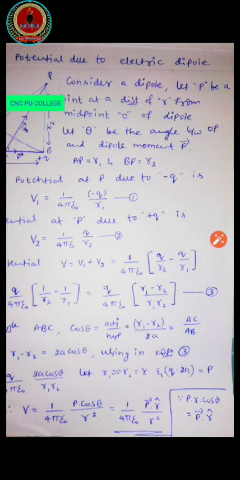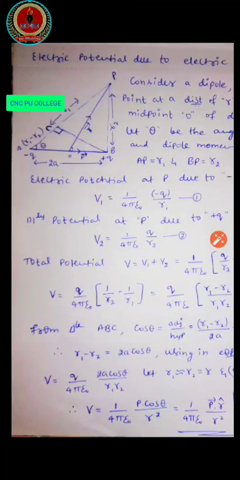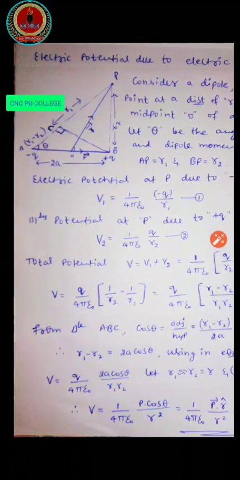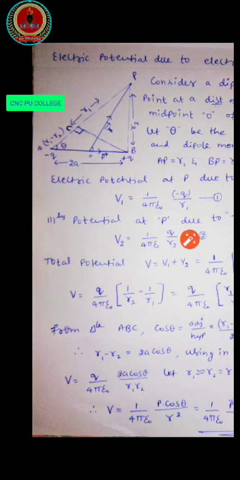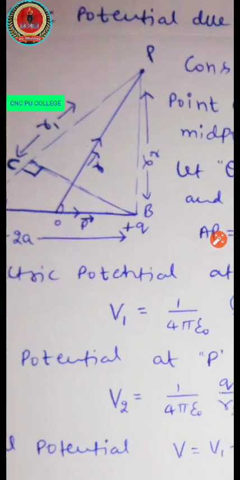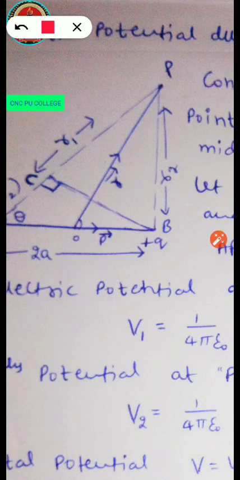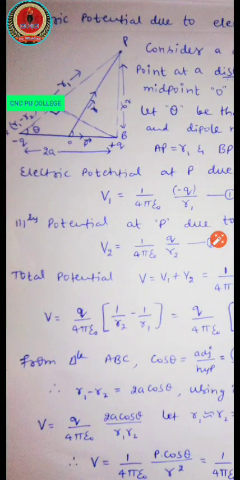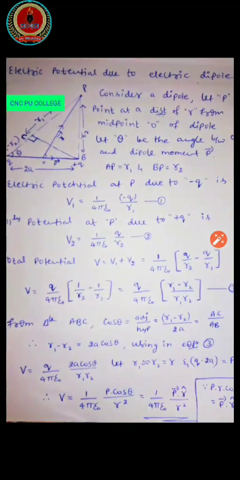Consider a dipole. Let P be a point at a distance of r from the midpoint O of the dipole. As we are observing in the diagram, the common point P is at a distance of r from the midpoint of the electric dipole. At that point P, we have to find the electric potential due to both the positive as well as the negative charges.